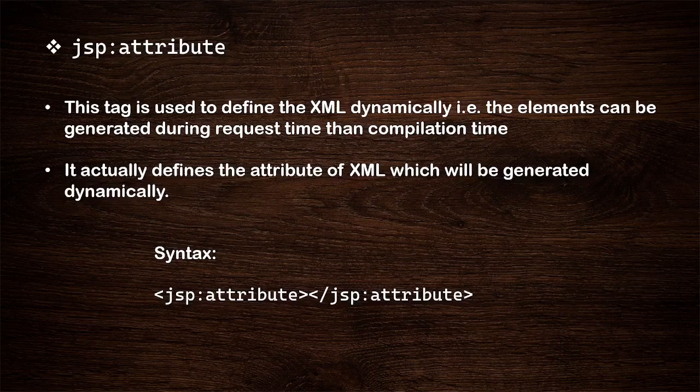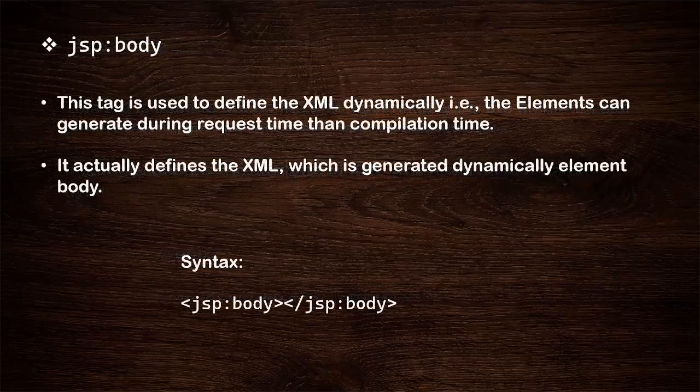This is the syntax of jsp:attribute. Then we talk about jsp:body. This tag is used to define the XML dynamically. The elements can be generated during request time rather than compilation time. It actually defines the body of the XML element which is generated dynamically. Then you can see the syntax of jsp:body.